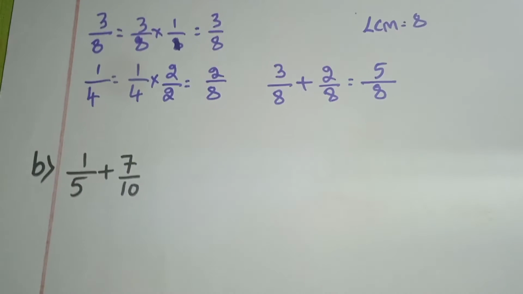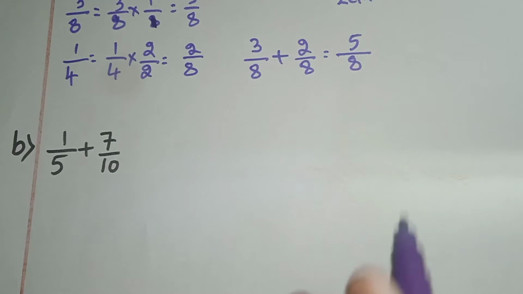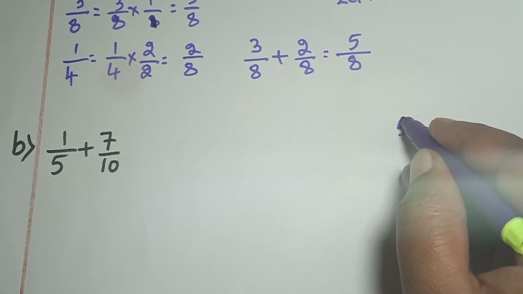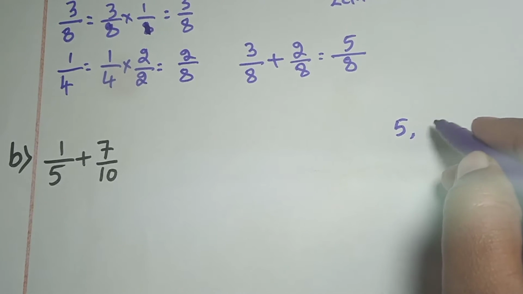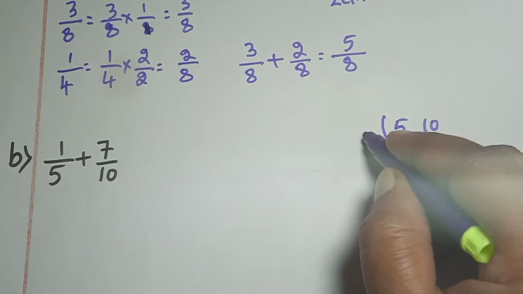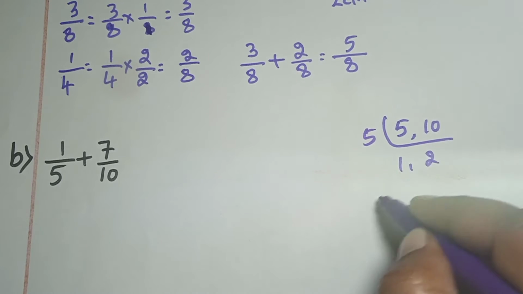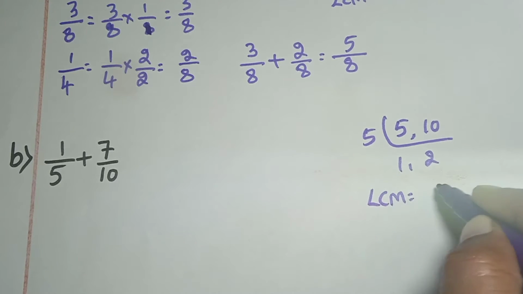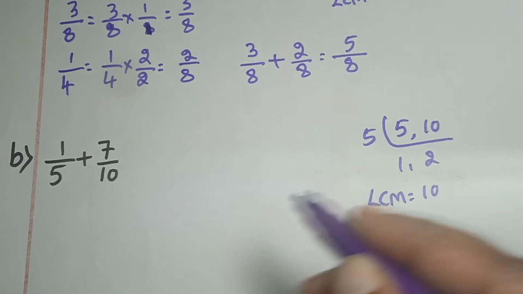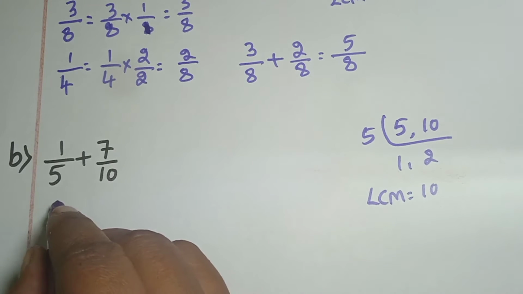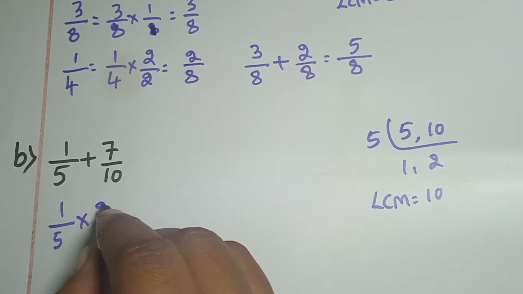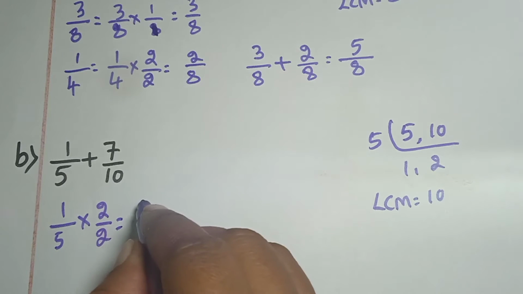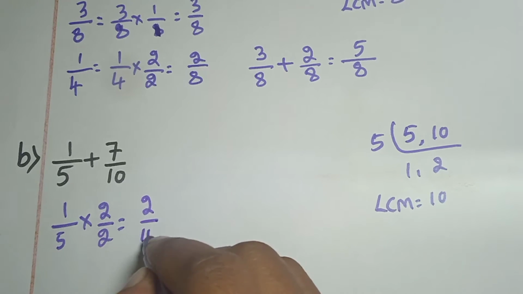Clear? Then let us go for the next problem, 1 by 5 plus 7 by 10. 5 and 10 are the denominators. Take the LCM, very easy. What is the LCM children? 10. 5 twos are 10. The same procedure: 1 by 5, we multiply with 2 to get 2 by 10.